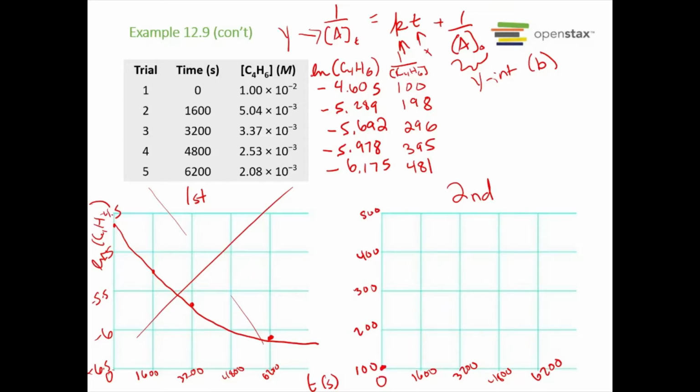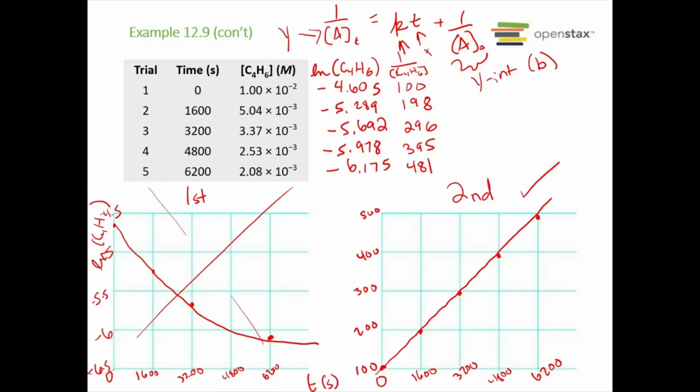At 1600 seconds, we have 198. 3200 seconds, we have 296. 4800 seconds, we have 395. And at 6200 seconds, we have 481. So that's looking pretty straight. And we can go ahead and connect those points. And we see we have a nice straight line. So yes, this is a second order.